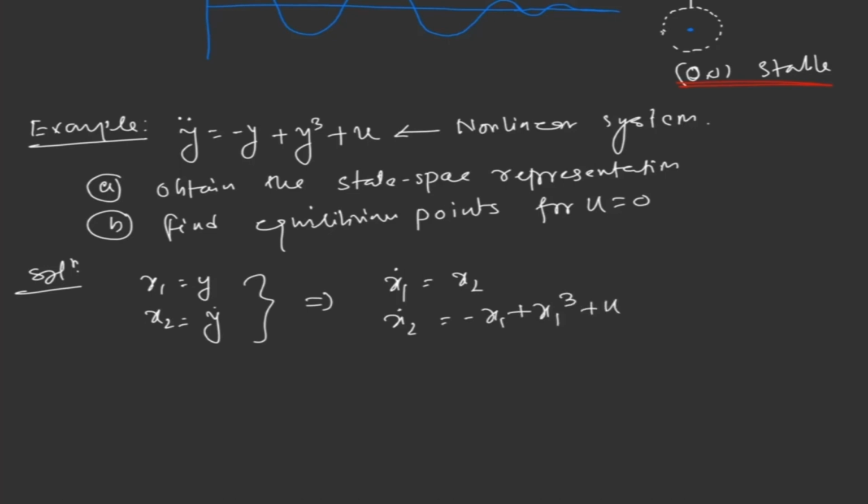We can denote these as f1(x1, x2) and f2(x1, x2, u), because we have some control here.